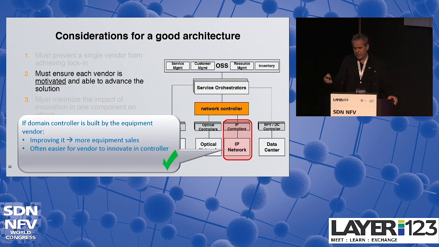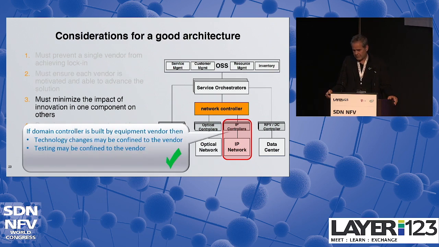So those two together is actually a good thing. Likewise, if you keep the IP controller and the actual equipment together, then innovation is confined to that. So you can innovate in the network. The IP controller might have to change, but you can complete the testing and the integration within the vendor domain. You don't have to reintegrate or retest the other layers.